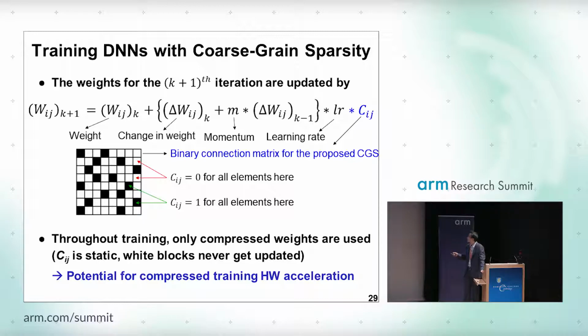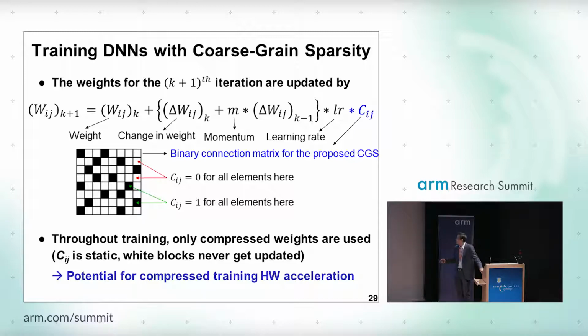The additional thing that we apply through the training process is this binary connection coefficient, where starting from that block matrix that I showed you a couple of slides before, we create this binary connection matrix where the selected ones have the Cij value of 1 and the unselected ones have the Cij value of 0. So what that means is that this weight update equation will be only eligible for all the black ones here, and all the white ones will start at 0, never get updated, and end at 0, such that we can directly compress it.